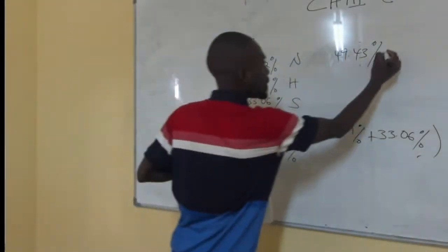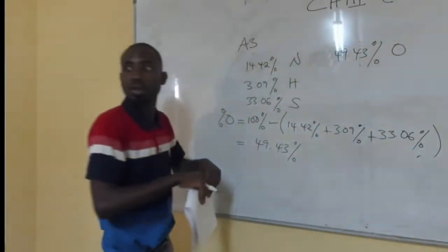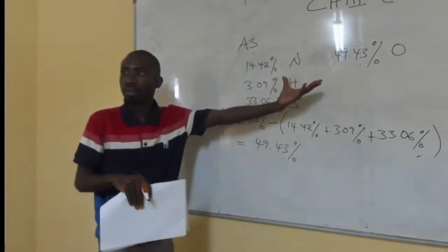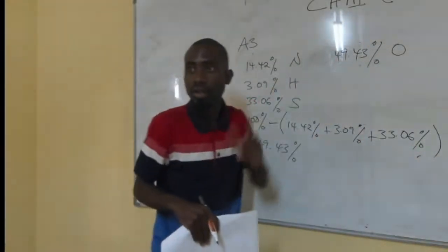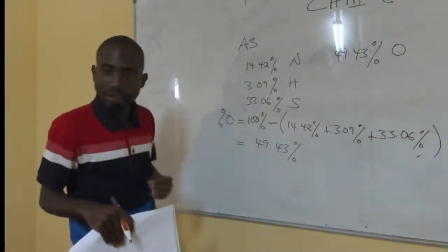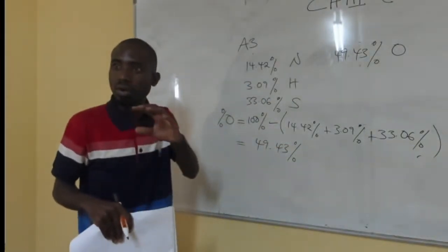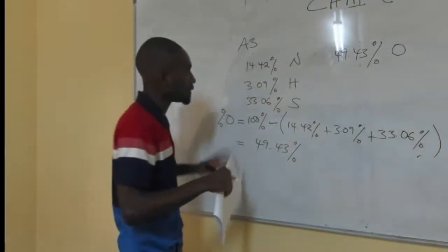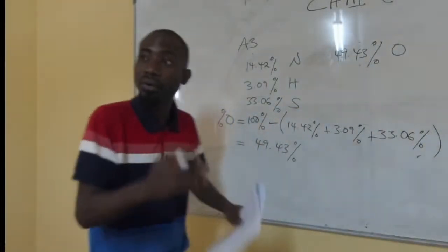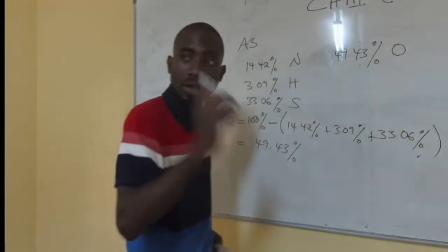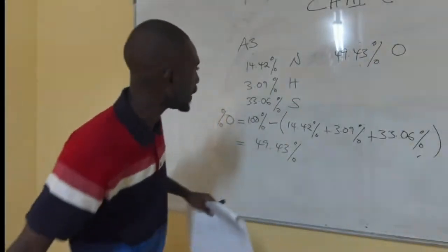Summing up all this, it will lead us to 100. So now we can continue calculating. What are we looking for? We are looking for calculation of the empirical formula.